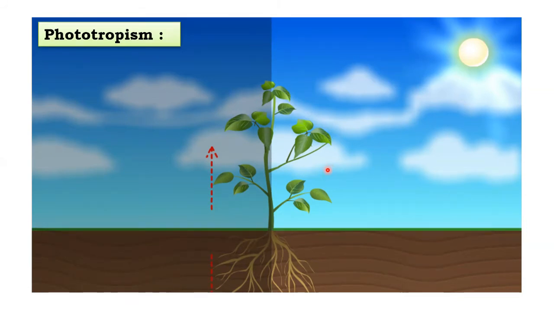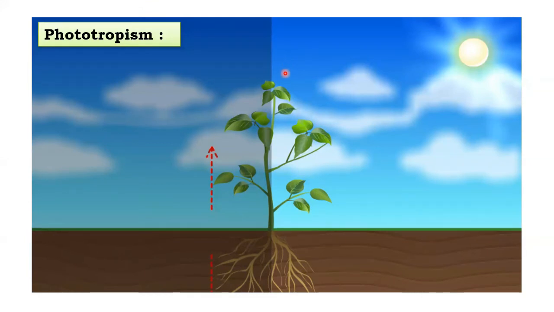Now, if you observe over here, not the entire stem will be bending towards the sunlight, but the growing part of the stem, which contains the apical meristem, bends towards the light. Why is it so?